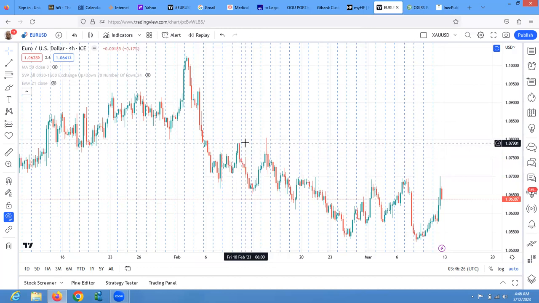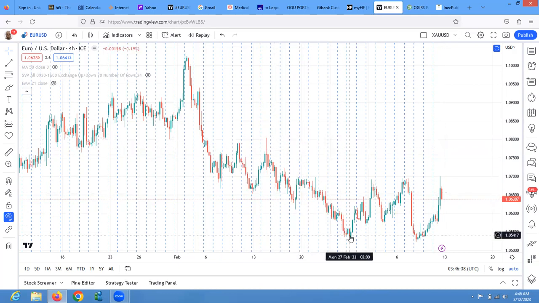So that makes it an expanding flat or expanding triangle. So that is what it gave us before we now begin to do a wave 3 to the downside.